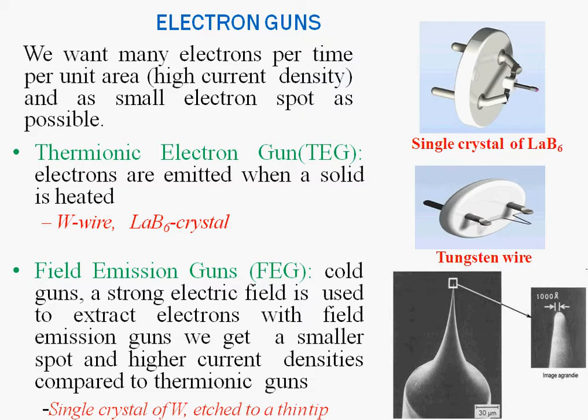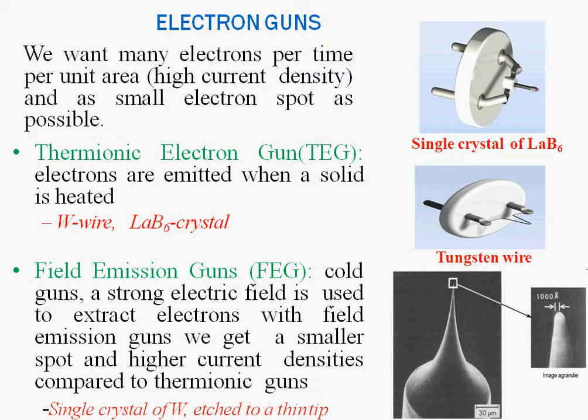With the help of this electron gun, we get electrons per unit time per unit area, which should have a high current density as well as a smaller electron spot, that means a smaller area. Two types of guns we can see here: a thermionic electron gun as well as a field emission gun.